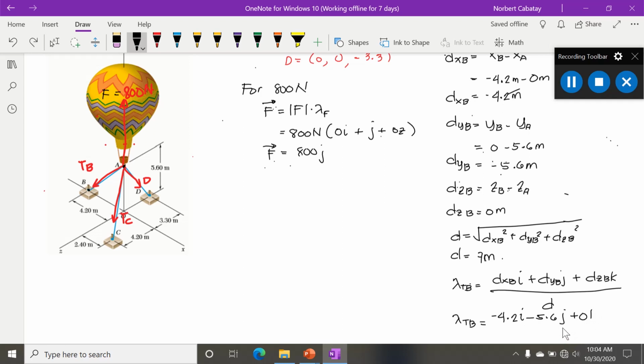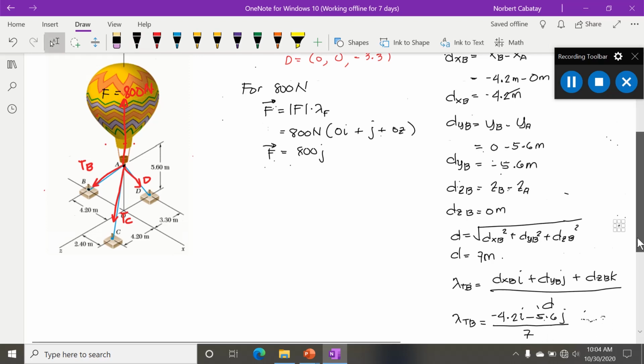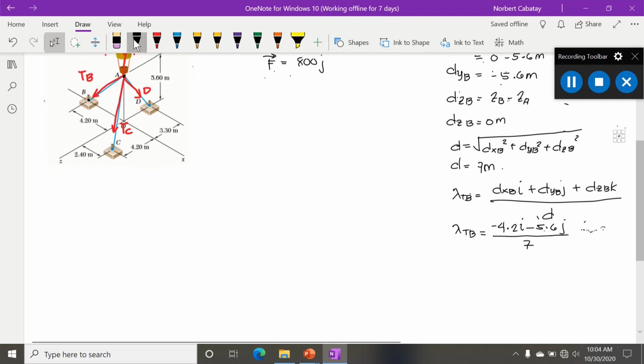Tama. Divided by 7. So, pwede nyo i-simplify yan. So, yung lambda ng tension B natin, 4.2 over 7, that will be negative 0.6 i minus 0.8 j.